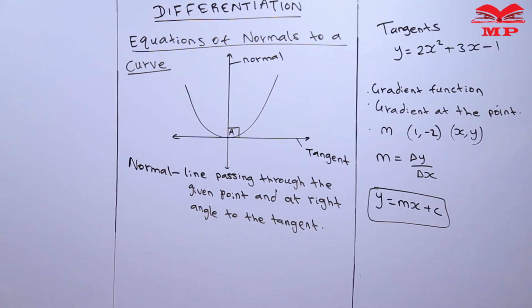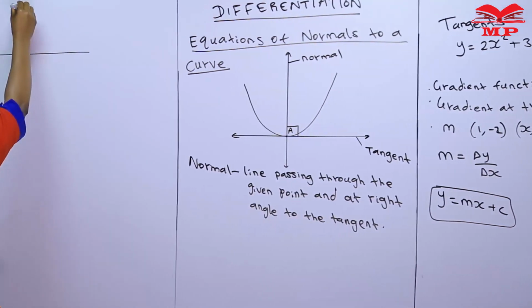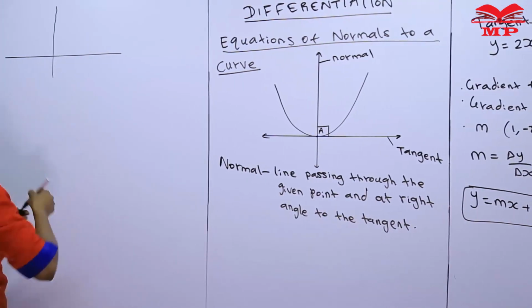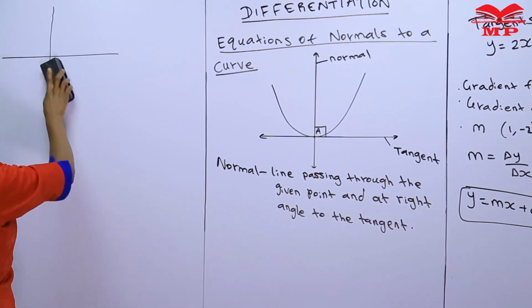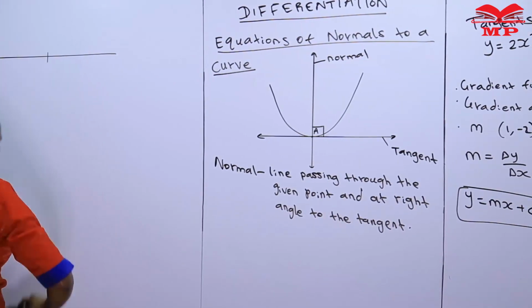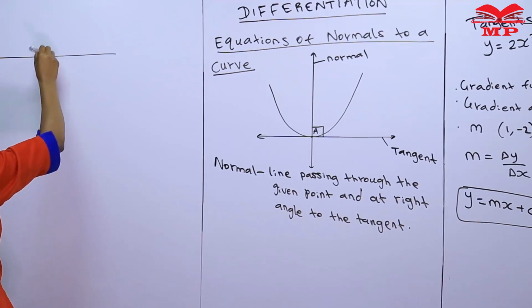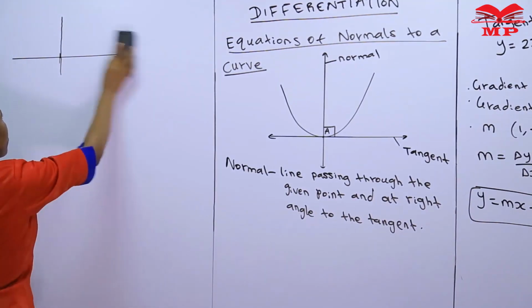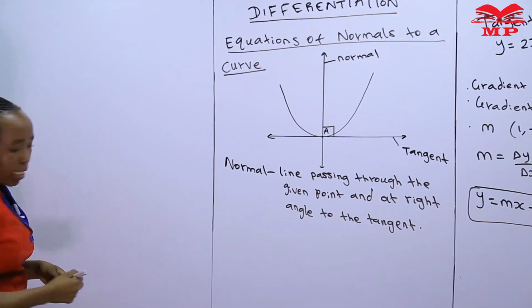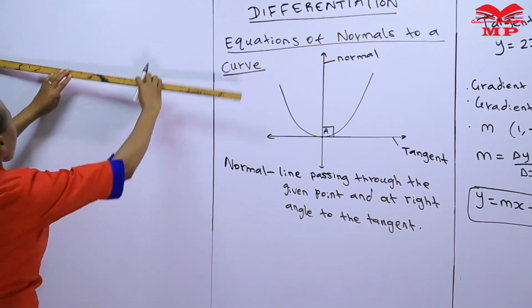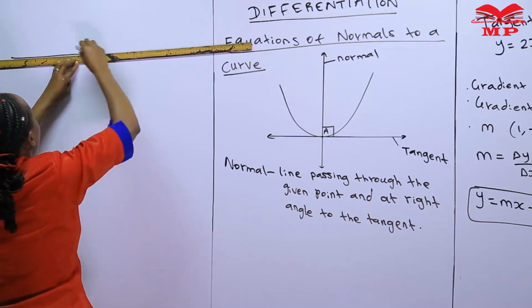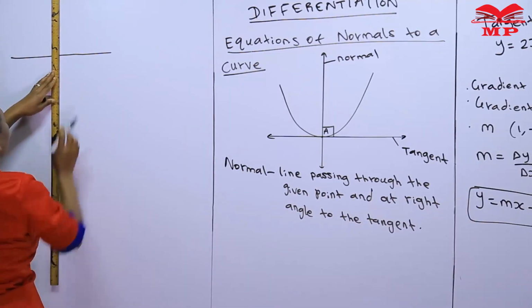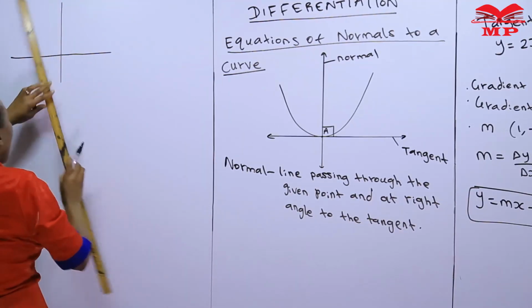When we have a straight line here and we have another line which is perpendicular to the first one at this point, let me use the ruler so that I can explain something before we do the examples.